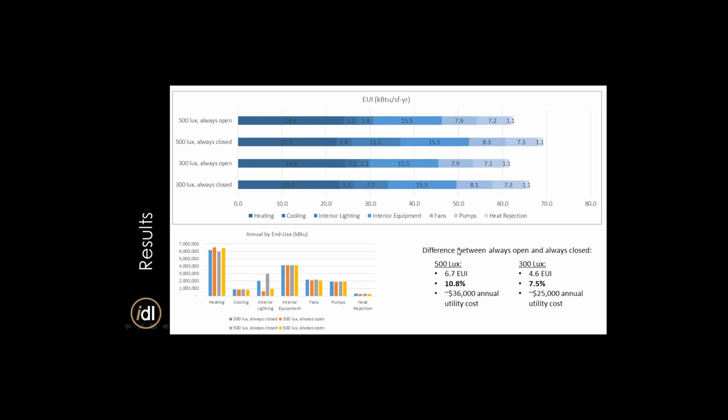You can see on that bottom left graphic that there is variation in the cooling, but it's small. And it's actually opposite. We're showing that always open has lower cooling than always closed. So we might have to dig into that a little more. So I guess at this point we don't have calculations for that. Would you agree? Yes, I would.